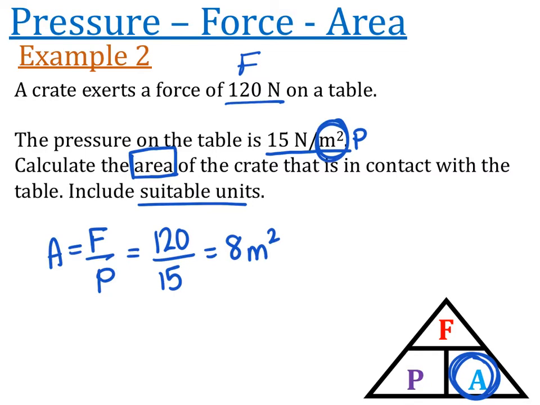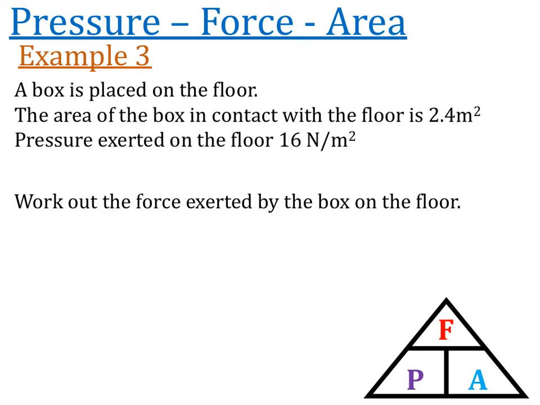All right, let's go ahead and try another one. Example 3. A box is placed on the floor. The area of the box in contact with the floor is 2.4 meters squared. So the area is 2.4 meters squared. The pressure exerted on the floor is 16 newtons per meter squared. So the pressure is 16 newtons per meter squared. Work out the force exerted by the box on the floor. So the force is we're going to find this in newtons.